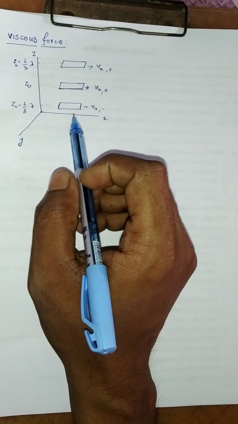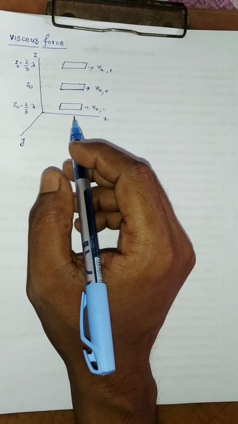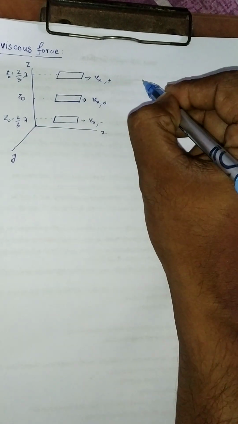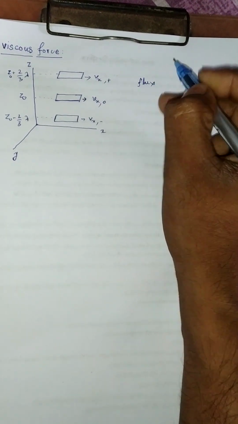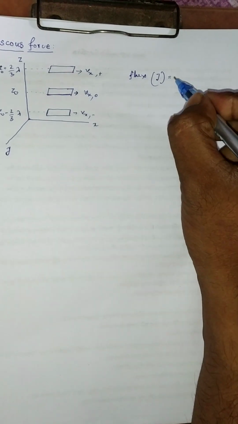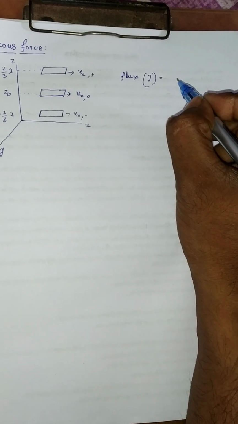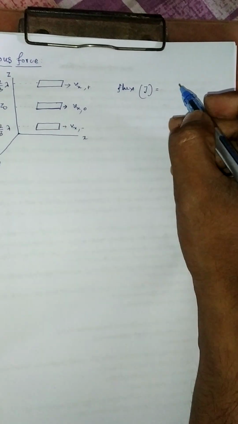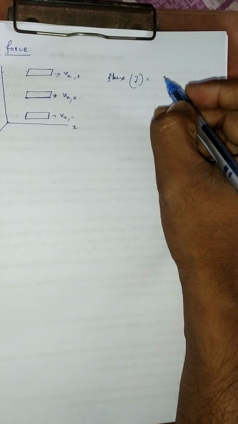We know that flux, that is transport of a physical quantity, is defined as the amount of physical quantity transported per unit time per unit area perpendicular to the direction of flow.